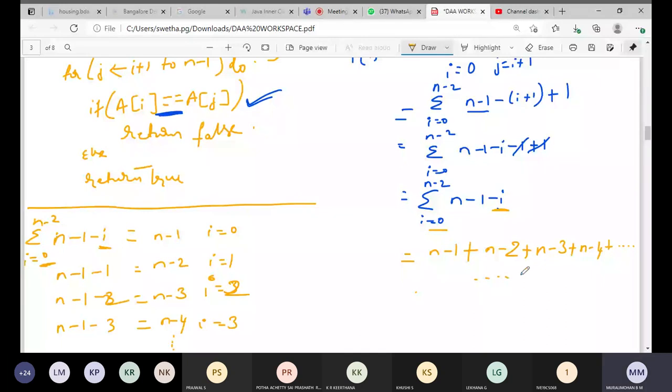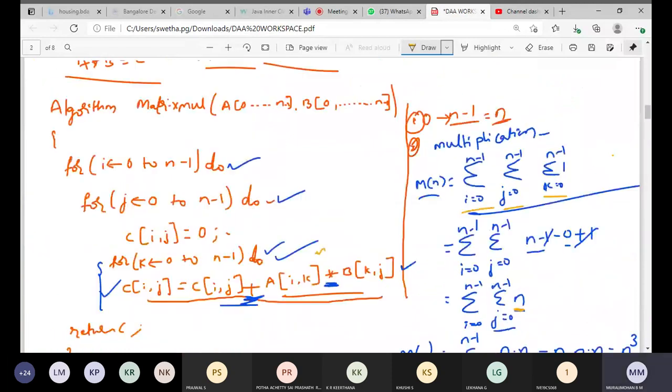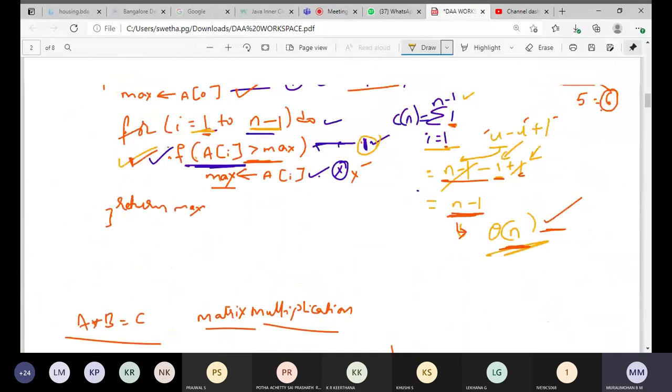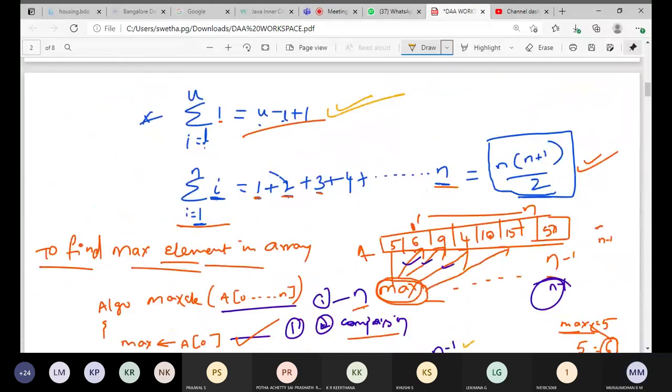Now, what should I write here? You just see the formula. What should we write when we have 1 plus 2 plus 3 plus 4 up to n? Here we have n minus 1, n minus 2, n minus 3, up to 1.